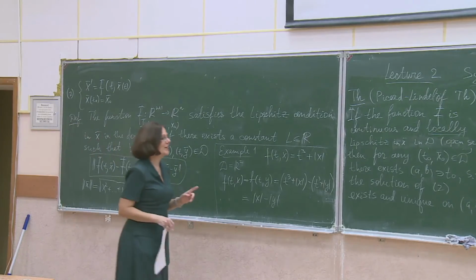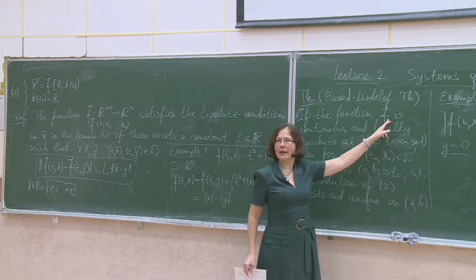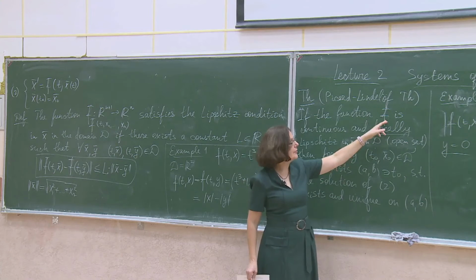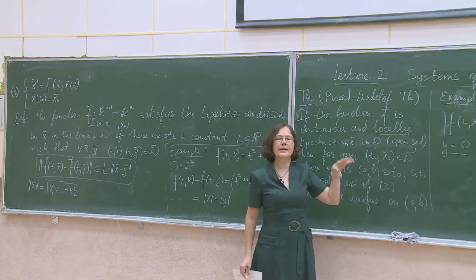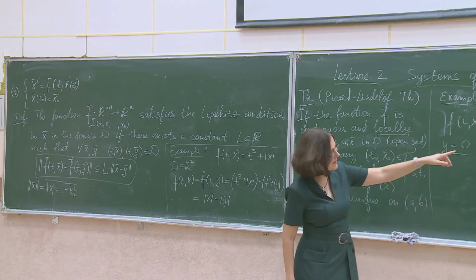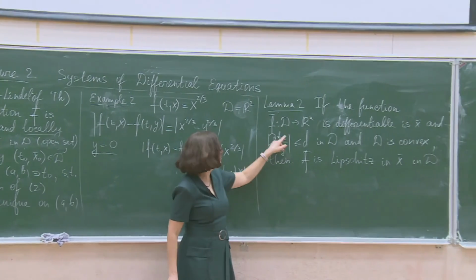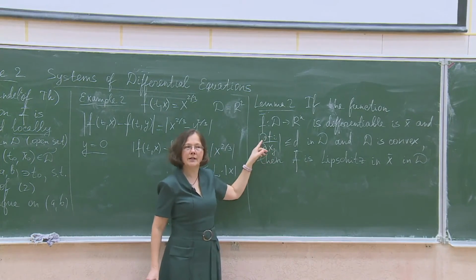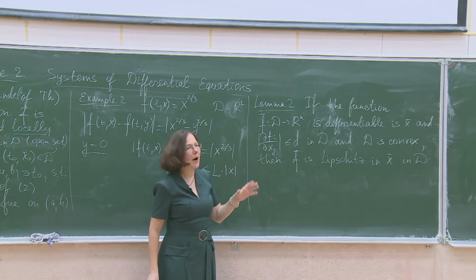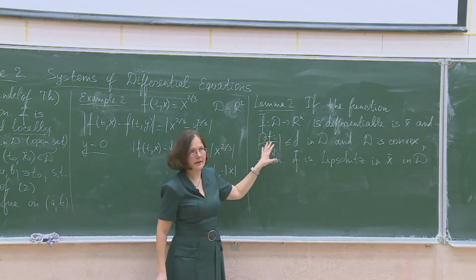But if our function is of class C1 in the variable x, then it is locally Lipschitz, by this theorem. The class C1 means that these partial derivatives are continuous. If they are continuous, they are bounded in some closed subset.